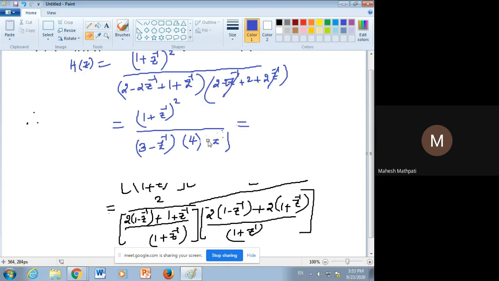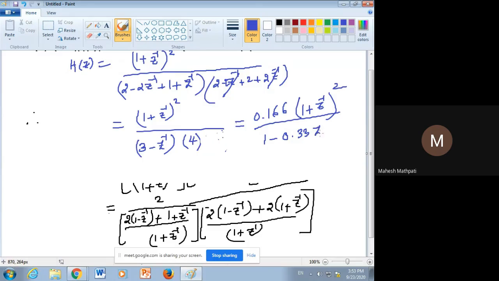So this is the answer we are getting: 1 plus z inverse square divided by 3 minus z inverse into 4, or simply we write the final answer as 0.166 into 1 plus z inverse square divided by 1 minus 0.33 z inverse.